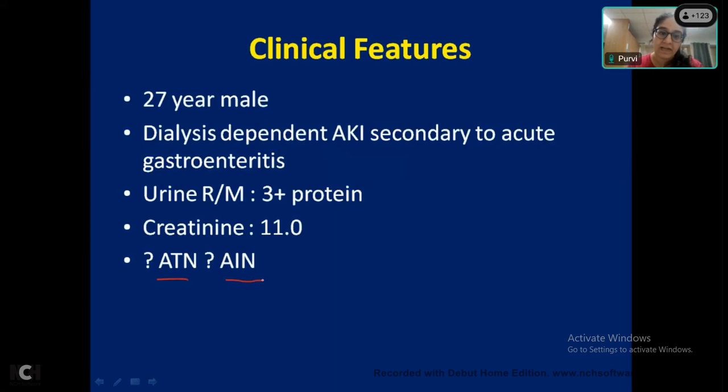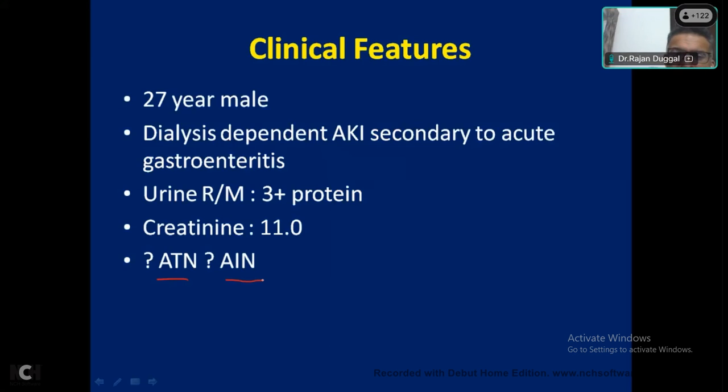The patient being dialysis dependent shows that there is already some chronic damage in the kidney, and there is proteinuria also indicating glomerular damage as well, and raised creatinine is indicating tubular injury.